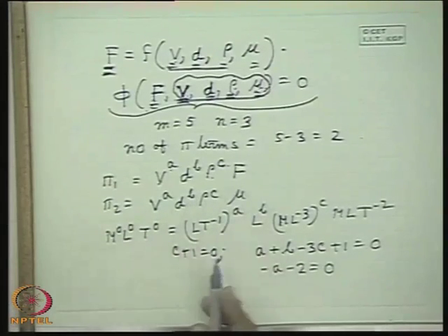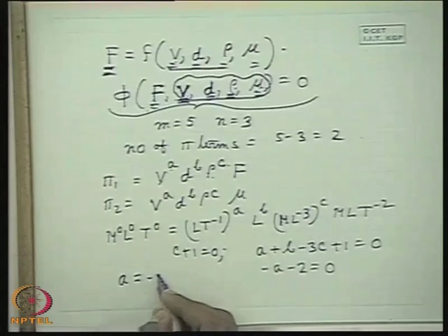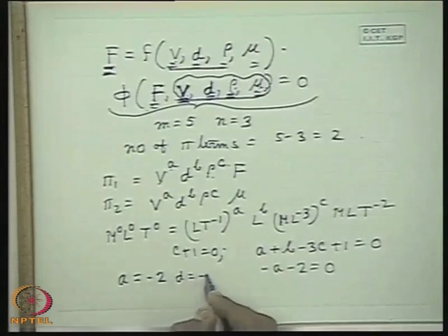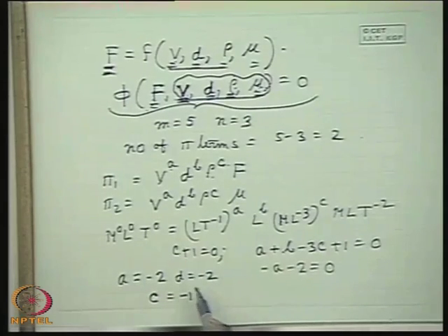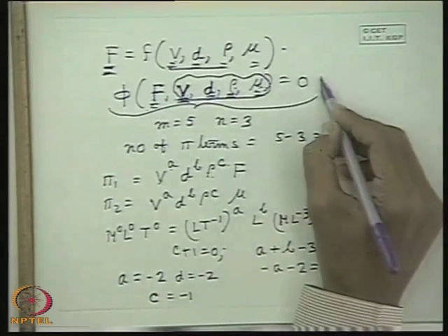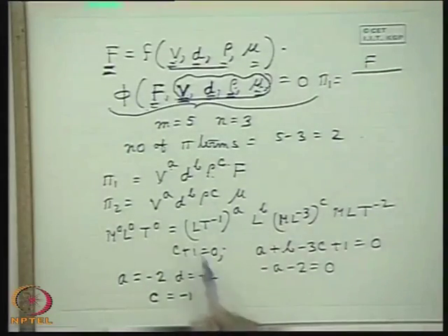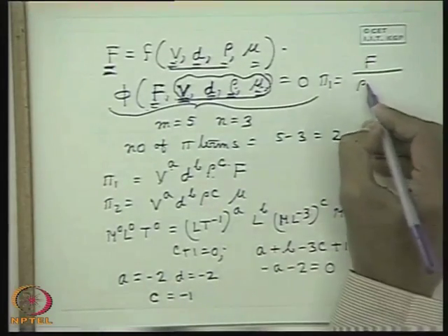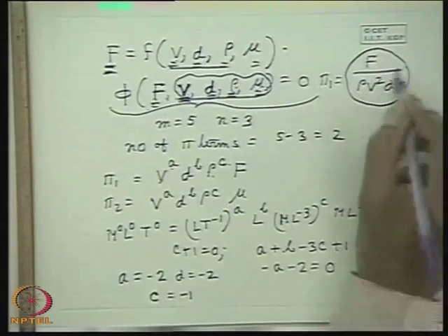If we solve it, you will get A equal to minus 2, B equal to minus 2 and C equal to minus 1. So if you put it, you get the pi 1 term as F by rho V square D square. So this is the pi 1 term.